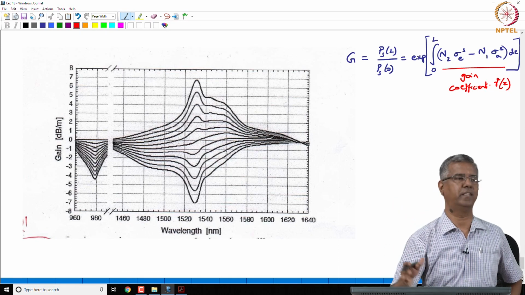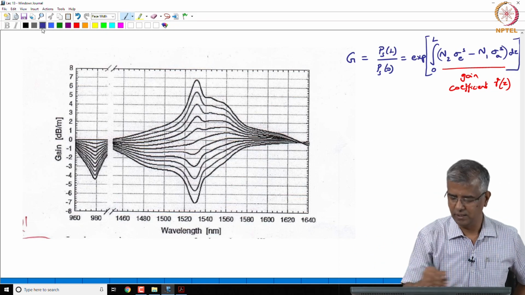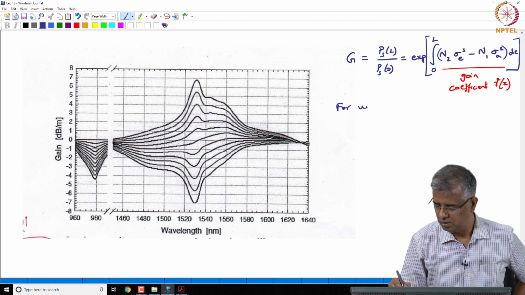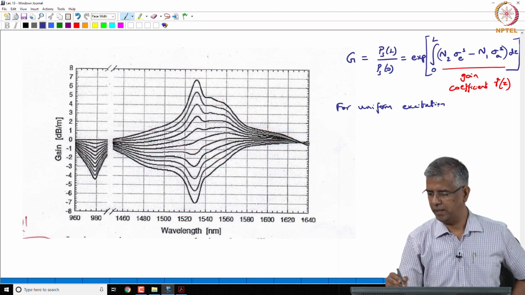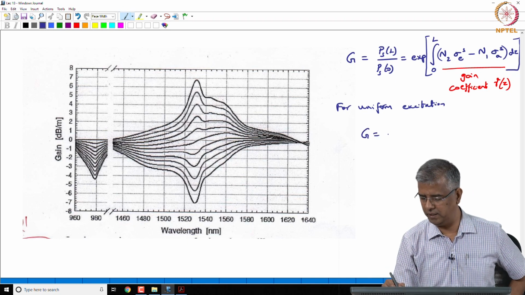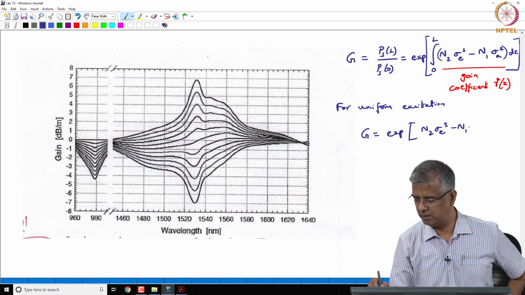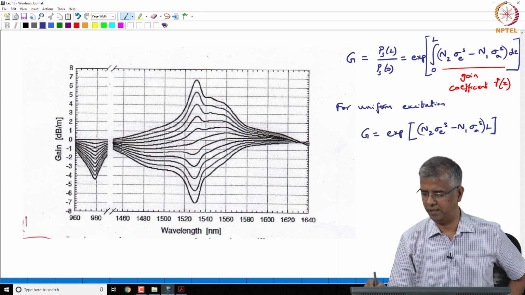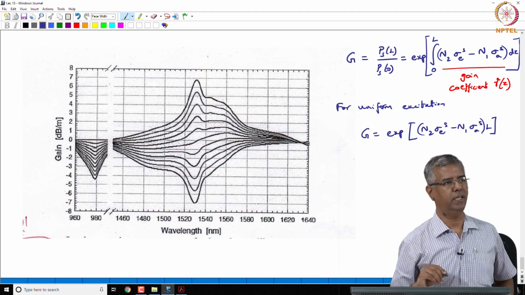So, we just multiply this by L. So, I can make a special case here, say for uniform excitation case, I would just say G is exponential of N2 sigma Es minus N1 sigma As multiplied by L. Okay.